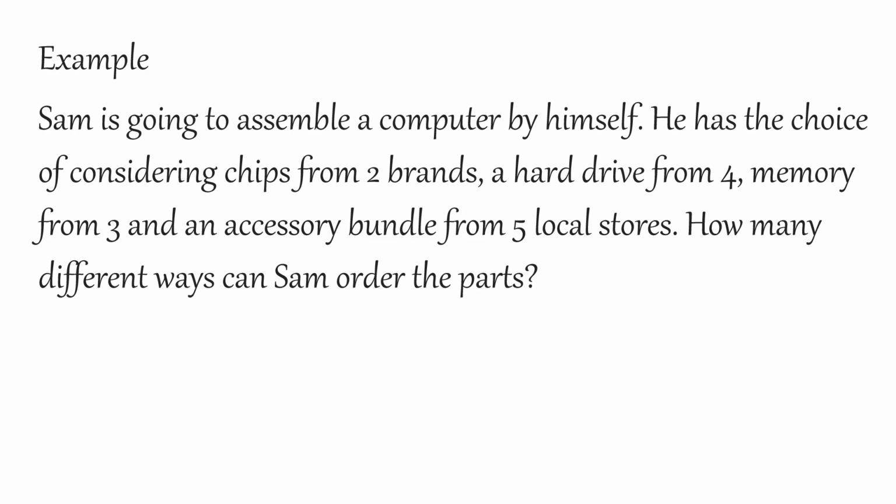We'll see some examples. Sam is going to assemble a computer by himself. He has the choice of considering the chips from 2 brands, that means n1 is equal to 2. Let us take n1 as the chip. And n2, a hard drive from 4 brands, so n2 is 4. And memory from 3, so n3 is equal to 3. And accessory bundle, n4 is equal to 5.